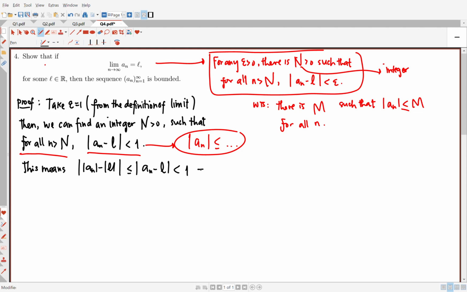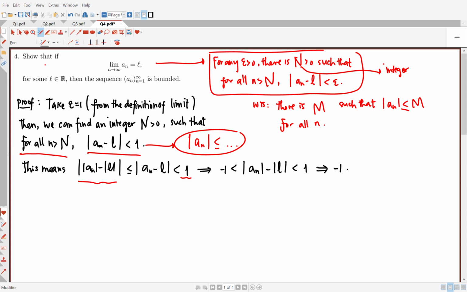Okay, and from here and here I can write minus 1 is less than the absolute value of a_n minus the absolute value of L, less than 1. I add the absolute value of L to all sides.